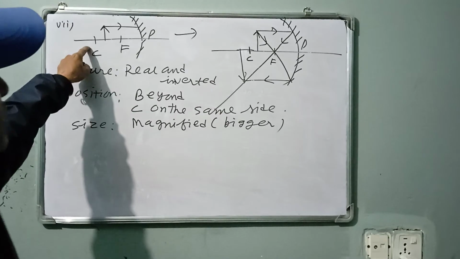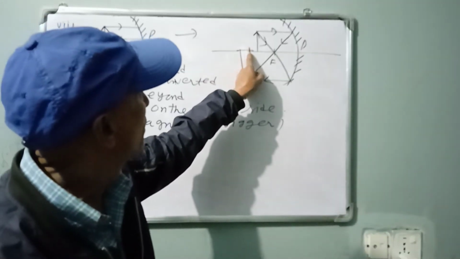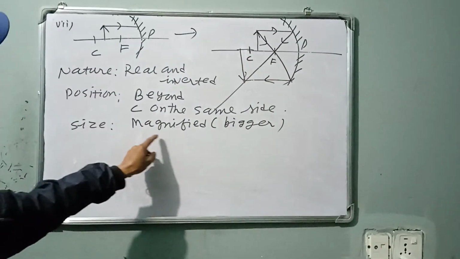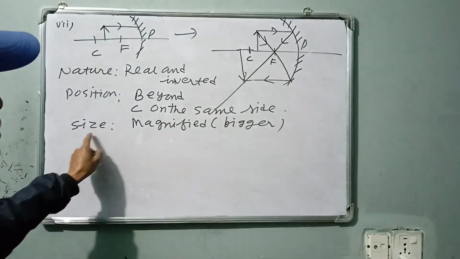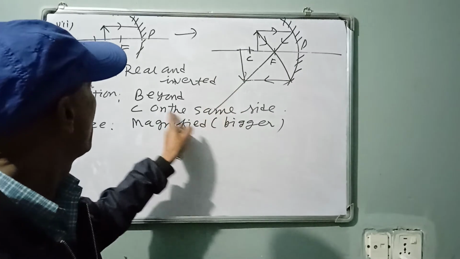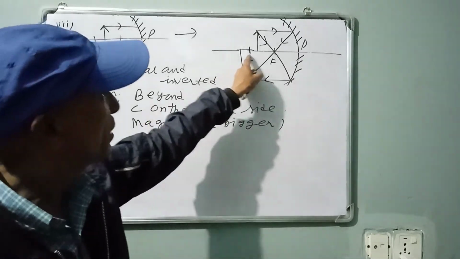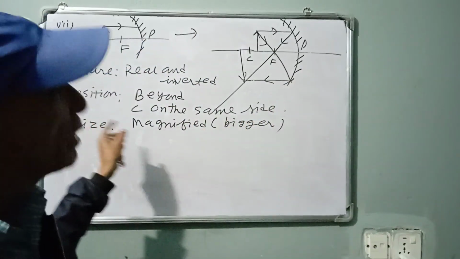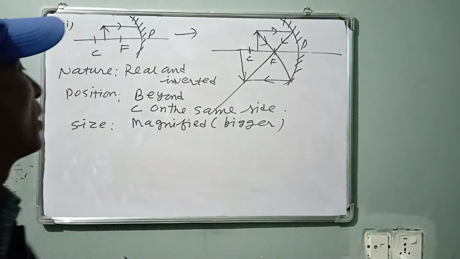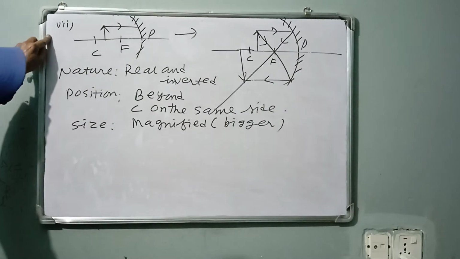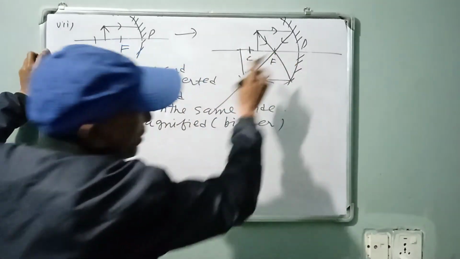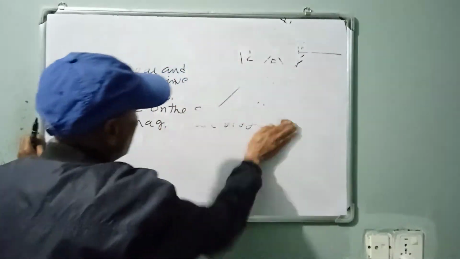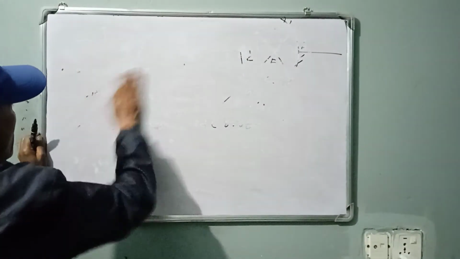When an object is placed between C and F, a real, inverted and magnified image is formed beyond C. Object between C and F, image beyond C. Case number 7, between C and F. Case number 8, 8 and 2 cases are left.